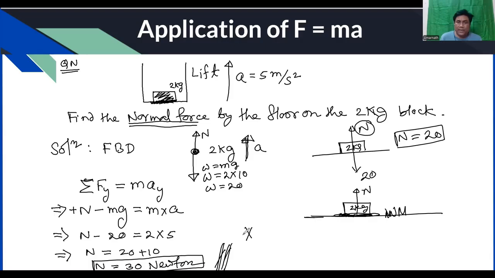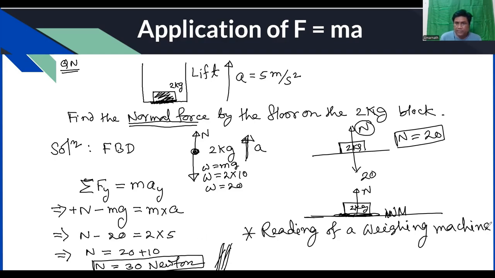Okay. So you please write down: reading of a weighing machine, it is also called apparent weight. In bracket you can write apparent weight.